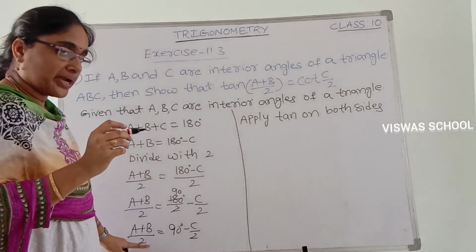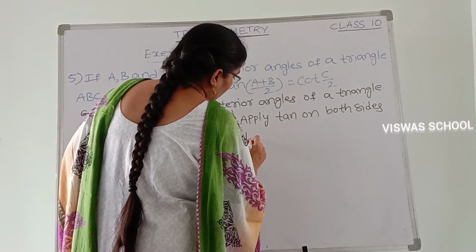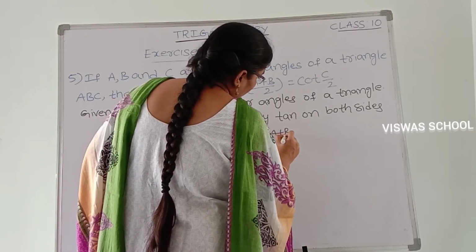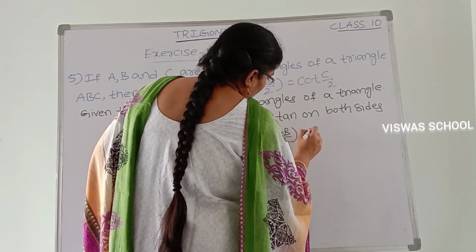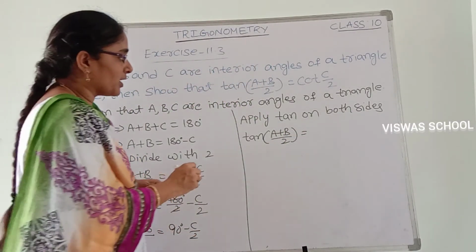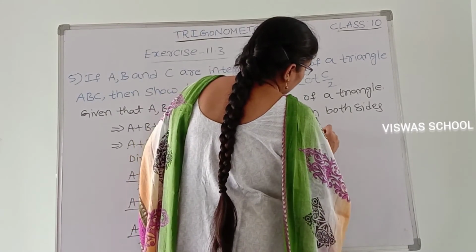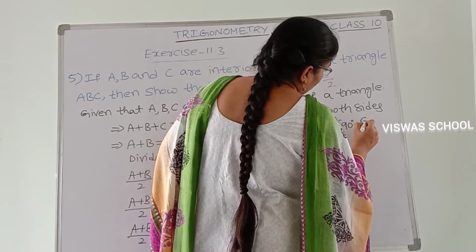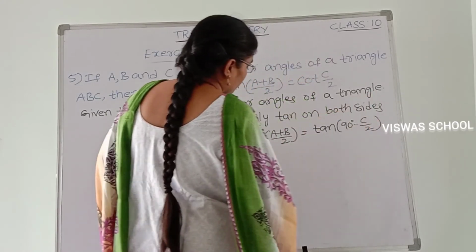(A plus B) by 2. That is tan of (A plus B) by 2 is equal to, and this side also tan of 90 minus C by 2.